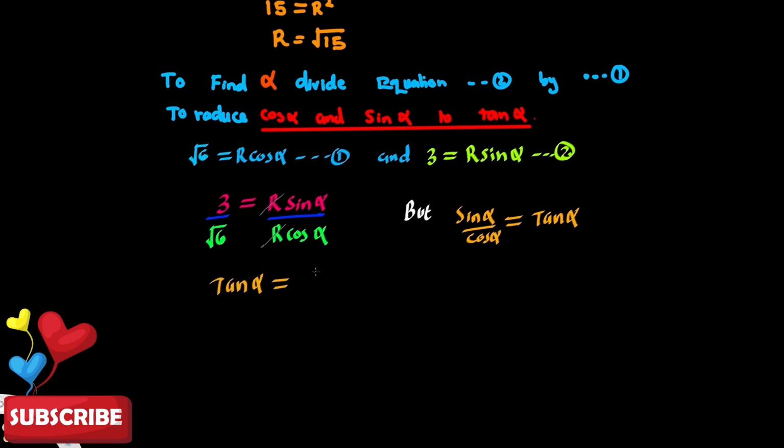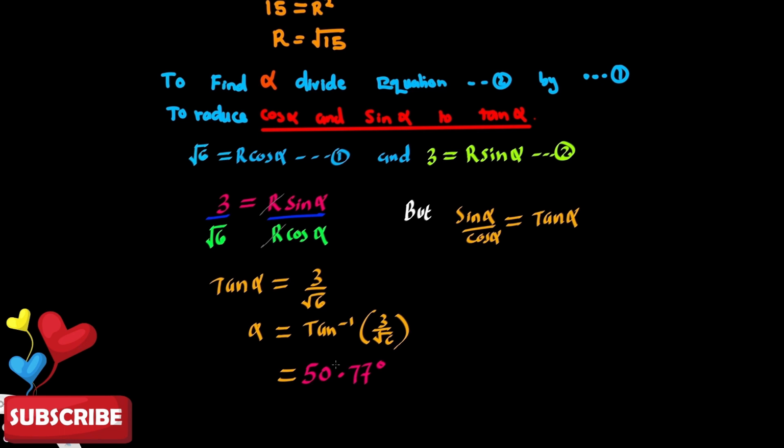So for us to find alpha we're going to find the tan inverse of that particular part, so that we can get our final answer, 50.77 degrees.